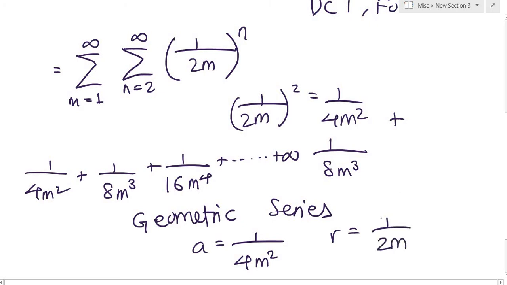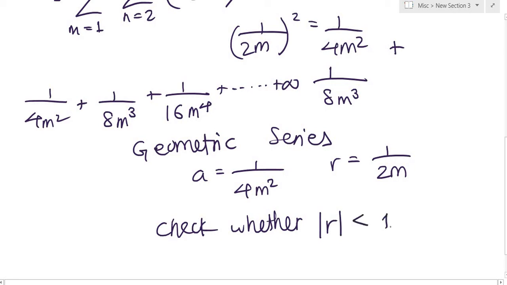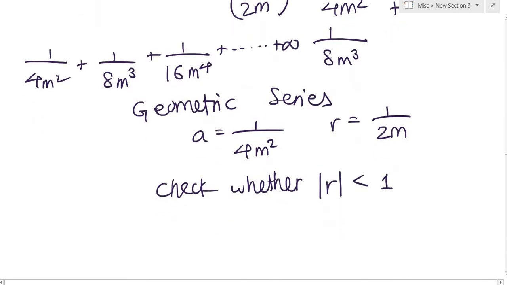And well, we can certainly check for convergence now. What was the condition for convergence of a geometric series? Well, we have to check whether the absolute value of the common ratio is less than 1.